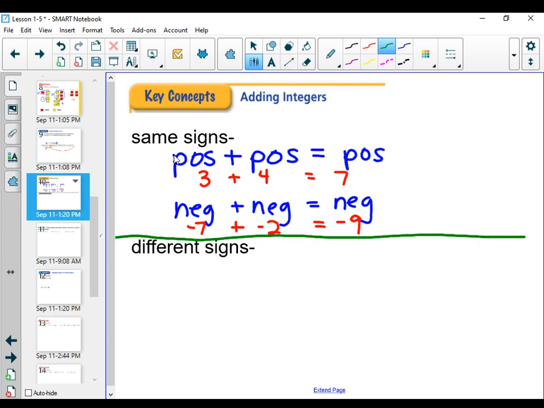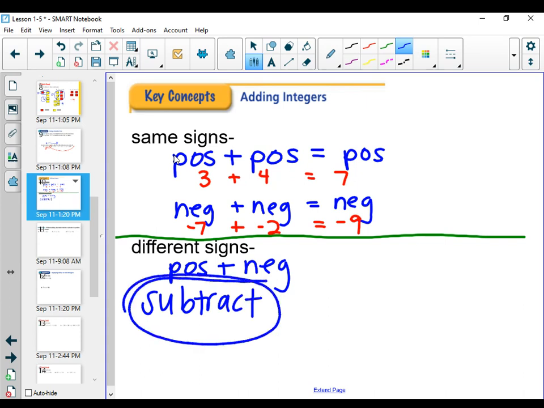When they have different signs, it's a little trickier. For example, one positive and one negative that I'm trying to add together. Turns out you don't actually add them. Because of that rule of opposites, one positive and one negative turn out to be 0.